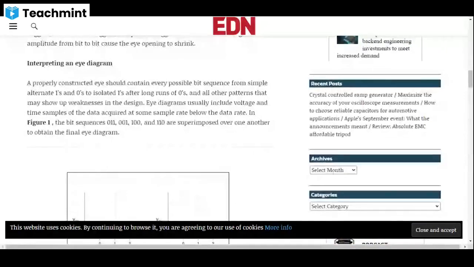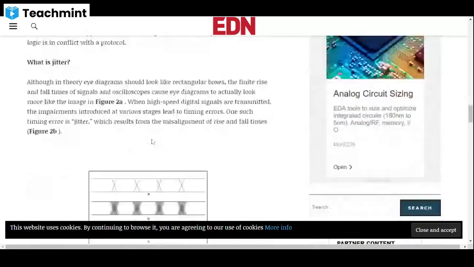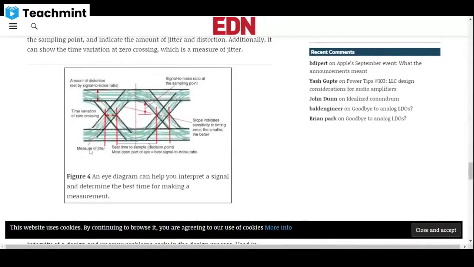Okay. So for interpreting the eye diagram, a properly constructed eye should contain every possible bit sequence, from simple alternate ones and zeros to isolated ones after long runs of zeros and all other patterns. So this eye diagram contains jitter.